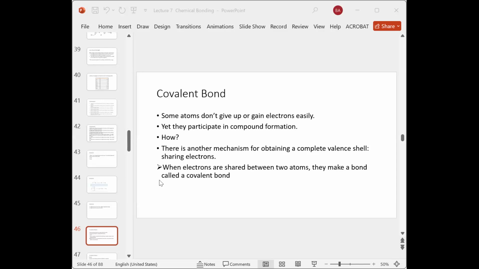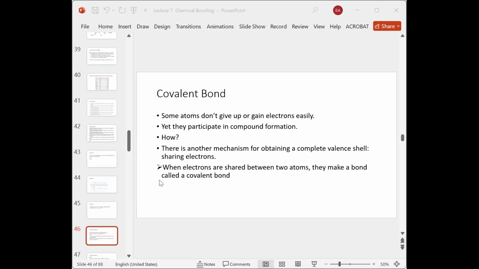Some atoms don't give or gain electrons easily the way some atoms do, but they also participate in compound formation. How they do it is what we are going to learn.